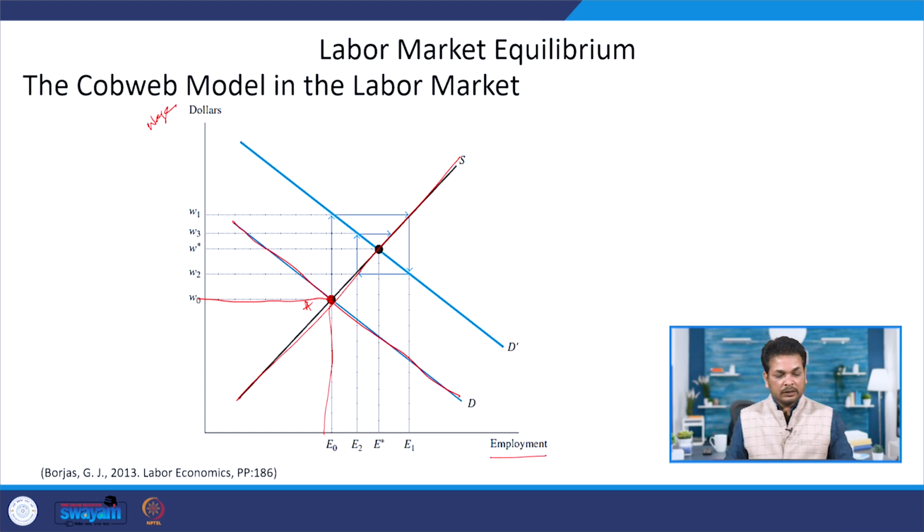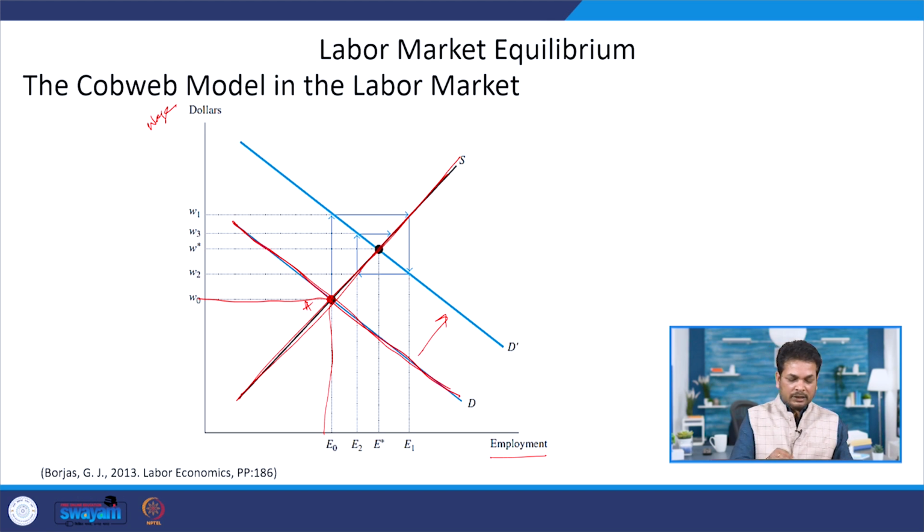We are talking about the particular labor market for engineers. So, these demand and supply curves show the demand and supply for engineers. Now, due to some external factors, let us say some government policies or some external forces, the demand function shifts, meaning it has increased the demand for engineers for some reason.